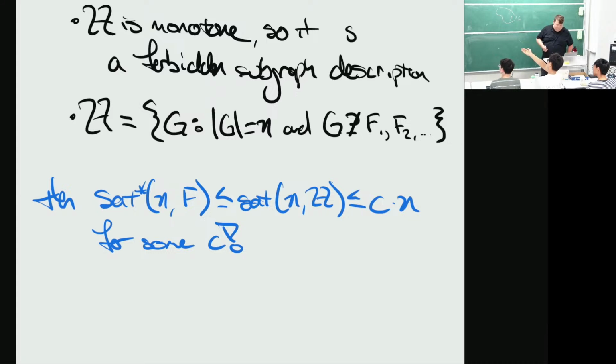Is this F1, F2, blah blah blah? Can it be infinite? It will always be finite, but in fact Kászonyi-Tuza applies to infinite sets as well, so it doesn't really matter. It's easier to prove that every monotone property has a forbidden subgraph characterization if you don't care that it's finite. Of course, here I'm specifying n vertex graphs, so everything will be fine.